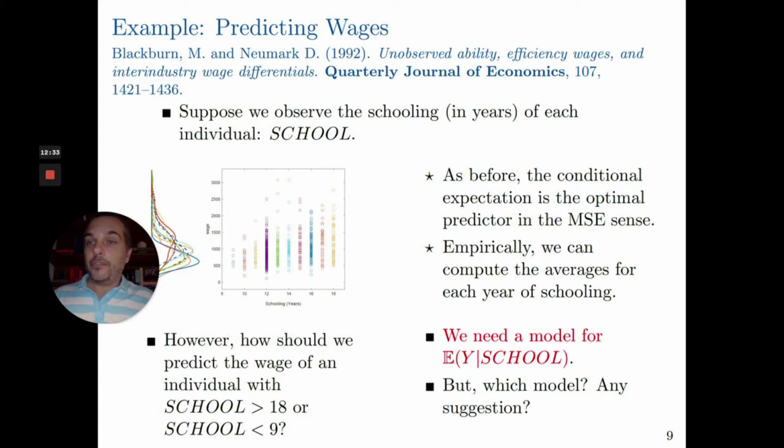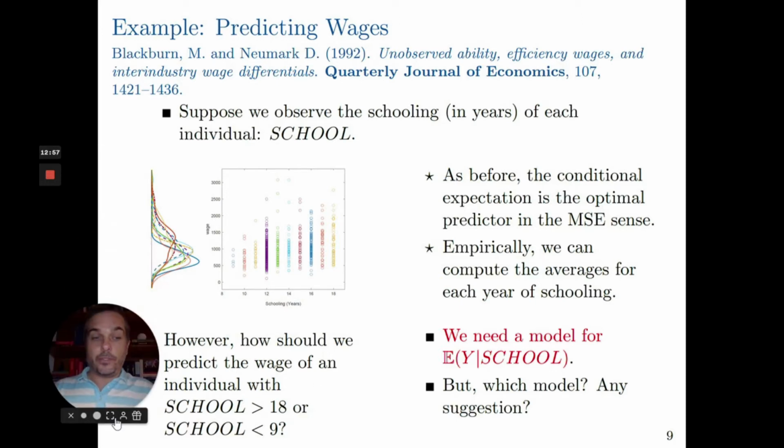But if this assumption is not true, how can you determine which is the model for the conditional expectation? Okay, so the problem is now a little bit trickier than what we had before when we were conditioning on a binary variable. Now the problem is more difficult.